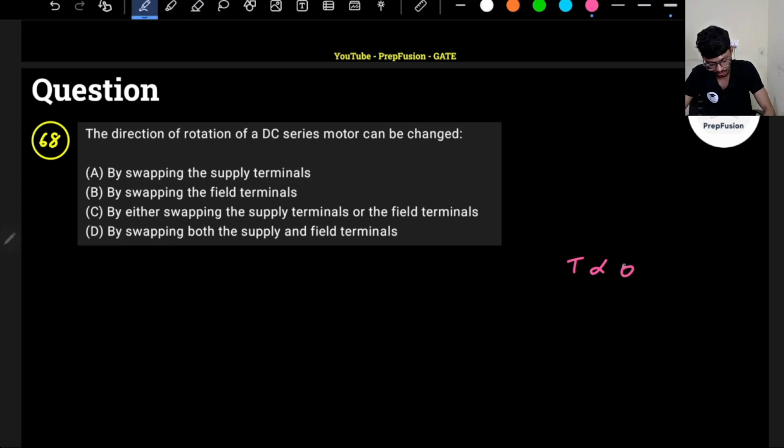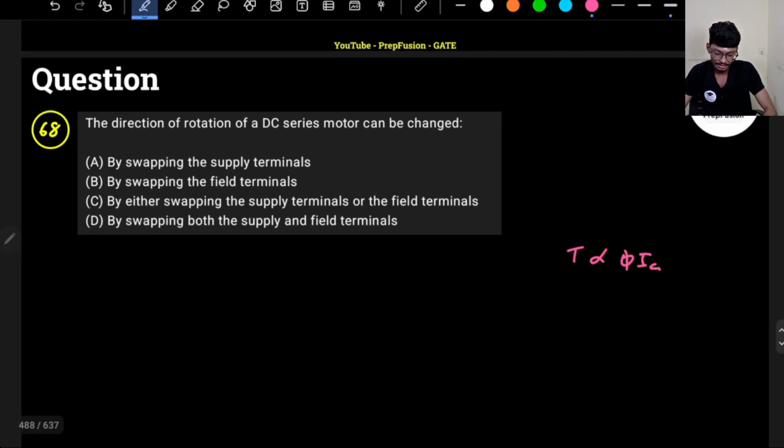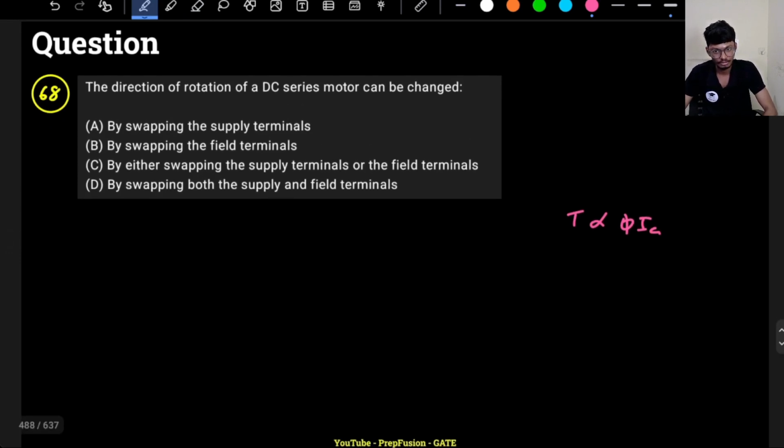So torque is proportional to flux and I. In case of a series motor, flux is proportional to IA, correct? Flux is proportional to IA.